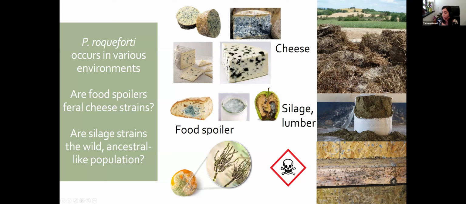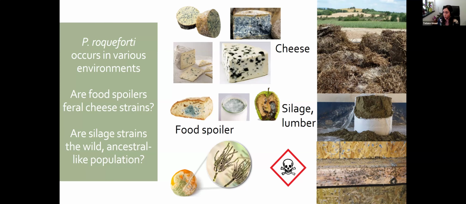And also there are some food spoiler Penicillium roqueforti, like on the bread or fruits. And so we wondered whether these non-cheese populations were maybe feral, so escaped from cheese, or maybe they were the ancestral-like population from which we domesticated the cheese population.